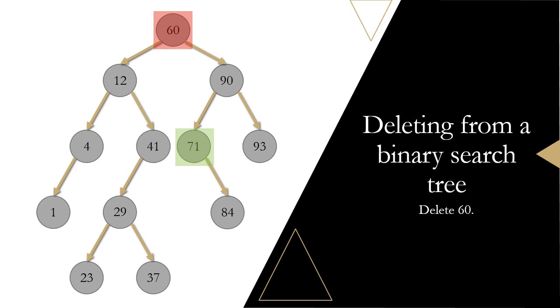So we make the parent of 71 adopt the orphan of 71 in this way. Now I am going to copy the value 71 to the node containing 60 and then I will delete the node containing 71. In this way 60 has been deleted. Try yourself and delete 90 from this tree.